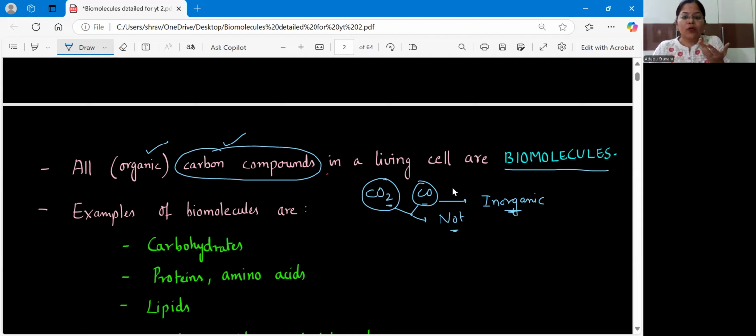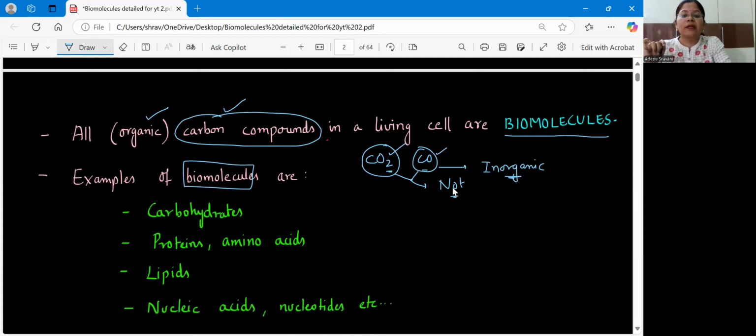Inorganic includes your carbon dioxide, carbon monoxide, calcium, magnesium, phosphorus, potassium, all those things. Okay. Then what exactly are the examples of your biomolecules? It will include your carbohydrates, proteins, amino acids, nucleic acids, nucleotides, and lipids.